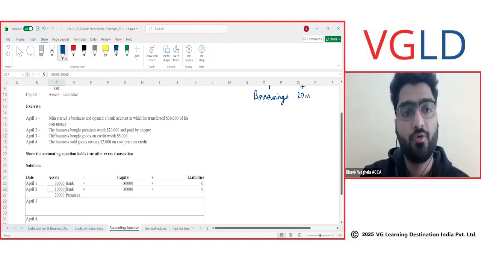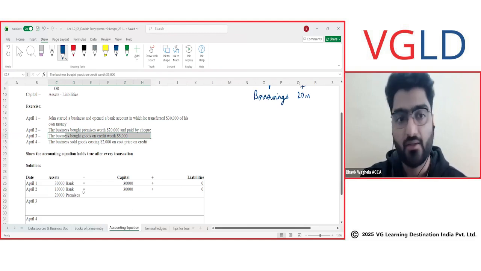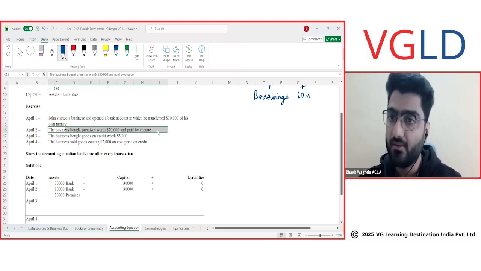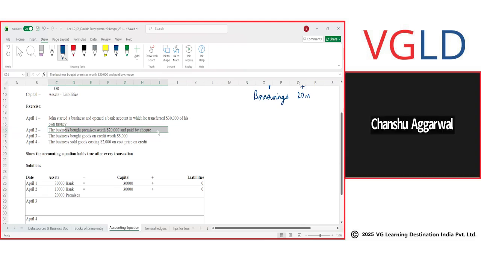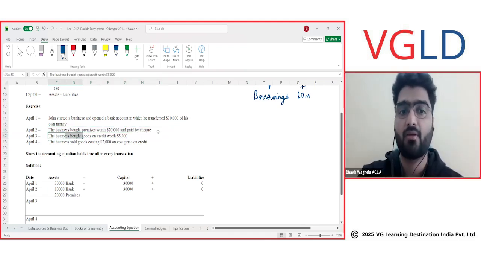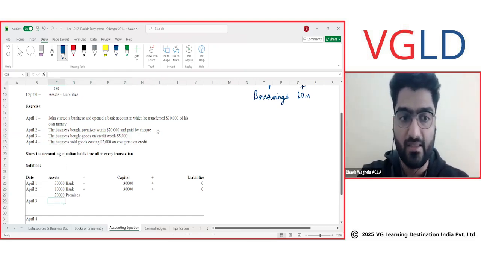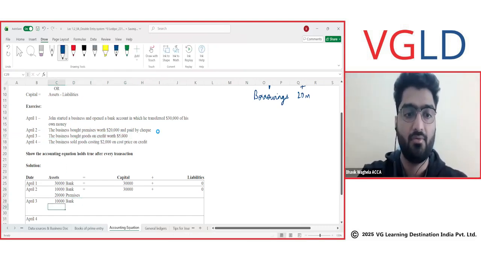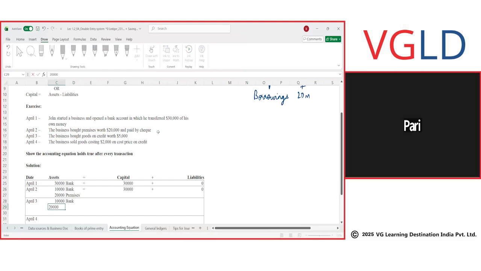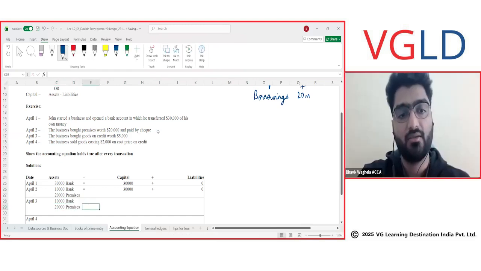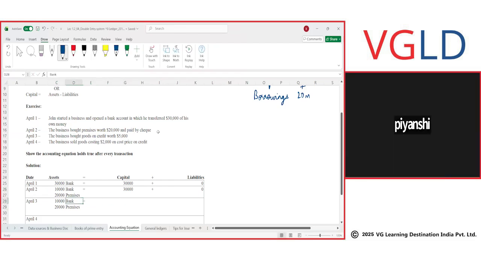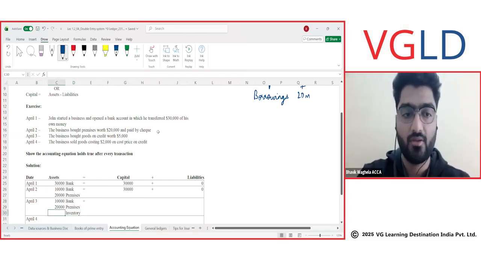April 3, the business bought goods on credit worth 5,000. Before that, will this transaction have any impact on liability or any impact on capital? No, sir. Now, you bought goods worth 5,000 on credit. Firstly, is there any impact on your bank balance? No. Is there any impact on your premises, that is your building? No. But can I say you will now have inventory worth 5,000 with you?